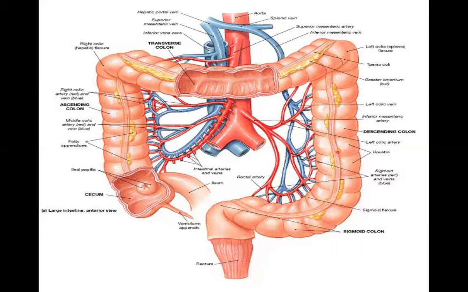But the functions of the sympathetic and parasympathetic: the sympathetic is for relaxation of the bowel, vasomotor to the vessels, and motor to the sphincters. The parasympathetic is motor to the bowel, for digestion, and inhibitory to the sphincters.